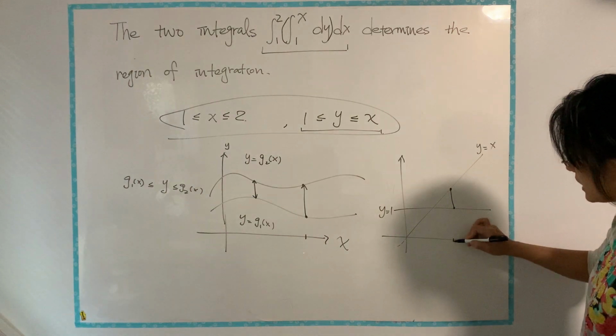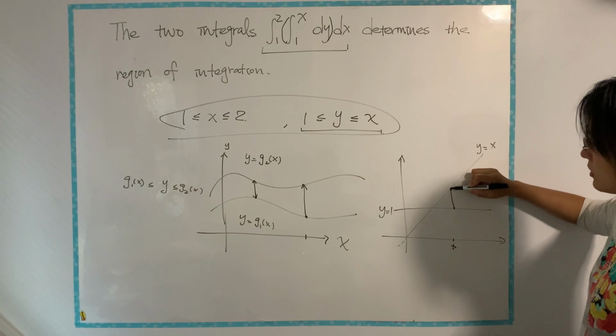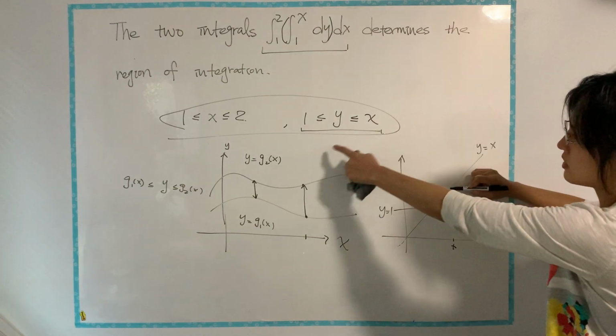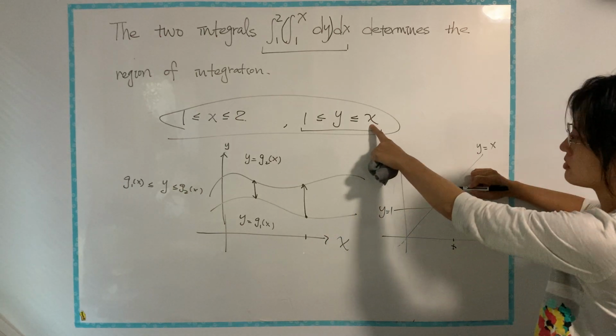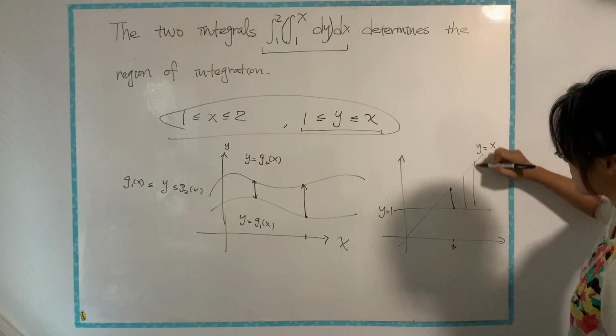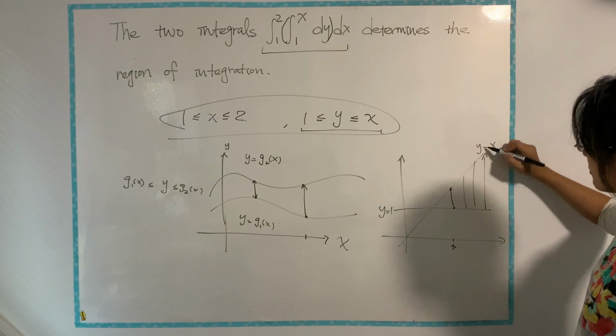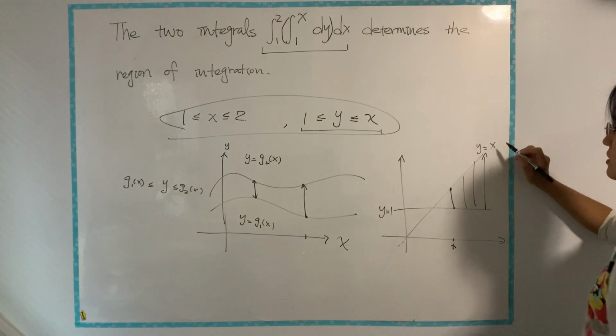Okay? For each x, the lower bound of y is 1, the upper bound of y is this curve y equal to g2 of x. This is our g2 of x. Okay? All right. So we're looking at things from 1 to this curve. Even though it's a line, in general we can say it's a curve.